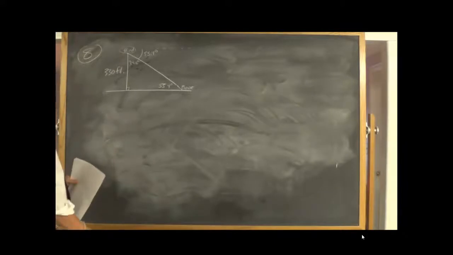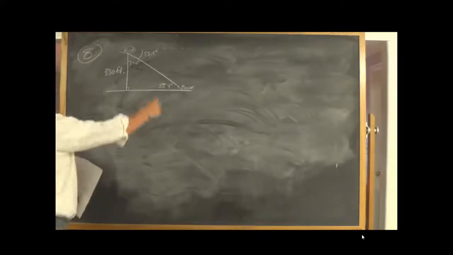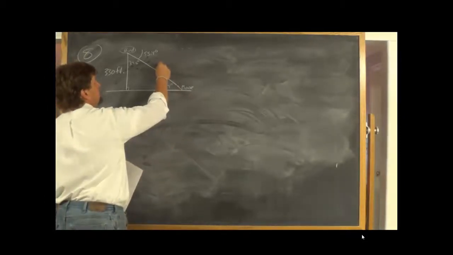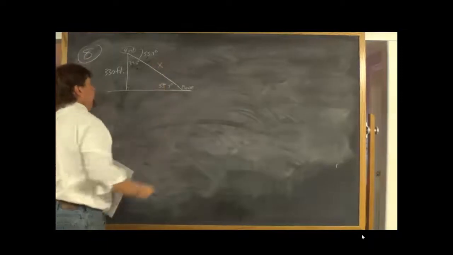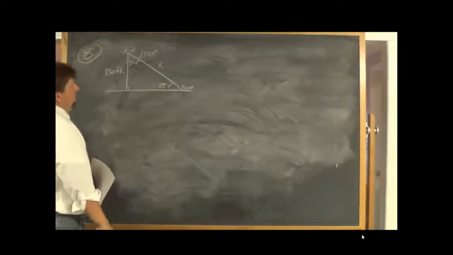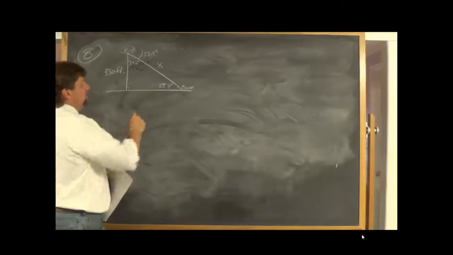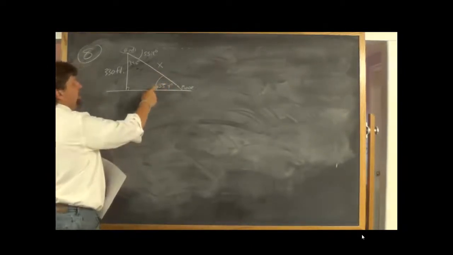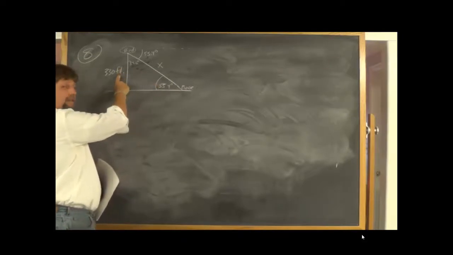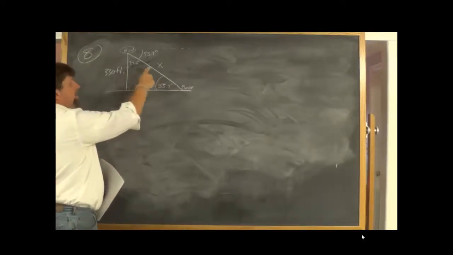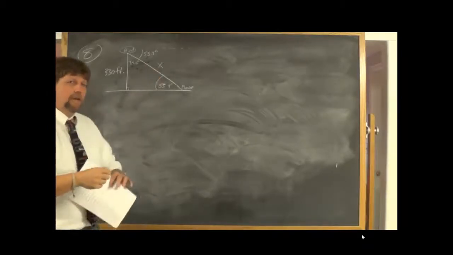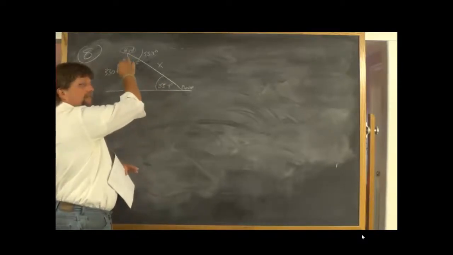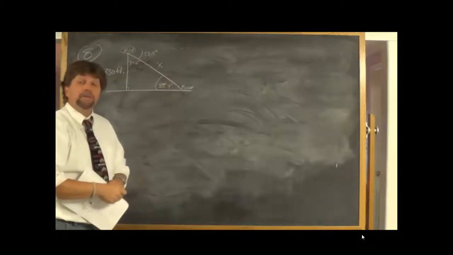So in any event, this is the distance we're trying to find, the distance from the bird to the mouse. So let me call that distance x. If I want to use this angle to determine x, I'm looking at this angle. I know the side that is opposite that angle, and I'm trying to find the hypotenuse. So the trig function that relates angle, opposite side, and hypotenuse would be sine.